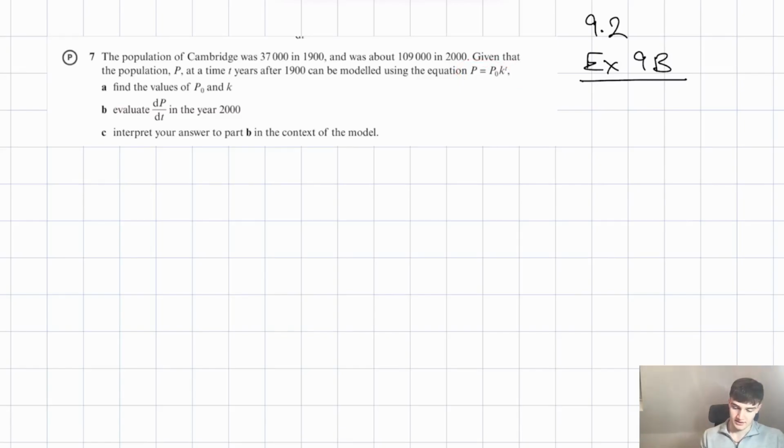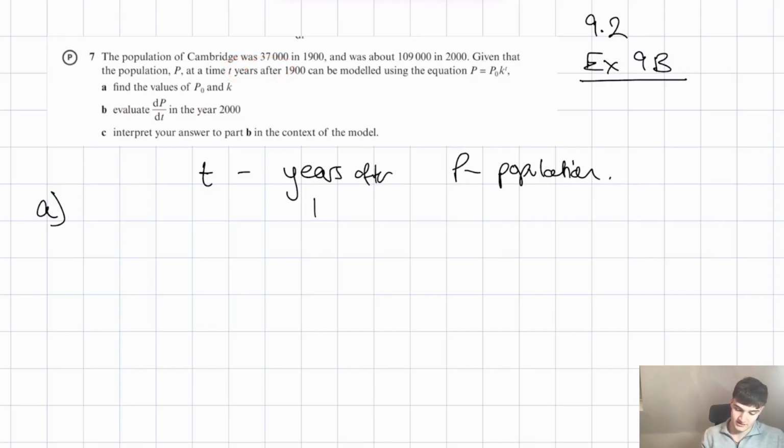So, okay, let's see if we can do that. We know that it was 37,000 in 1900. So t is the number of years that we're interested in, and P is the population. It's t years after 1900, so that's important. That means that for our value at 1900, t is equal to 0.